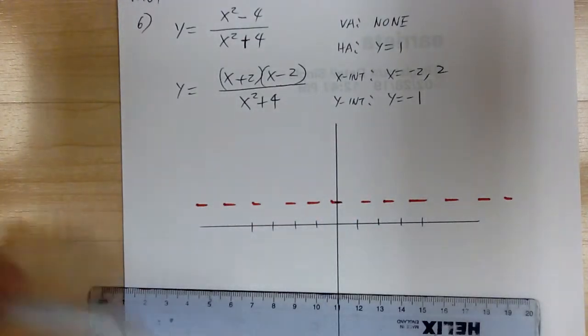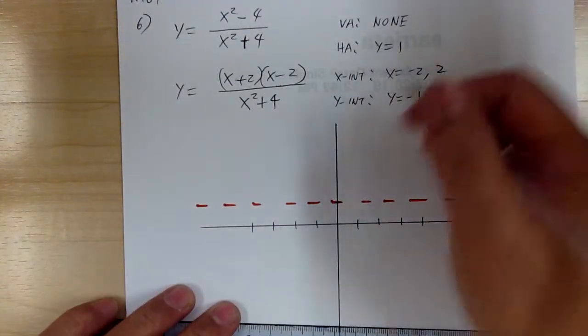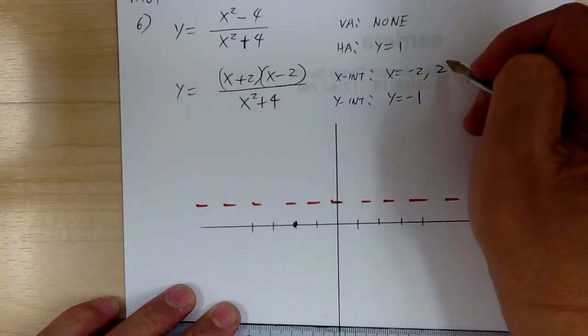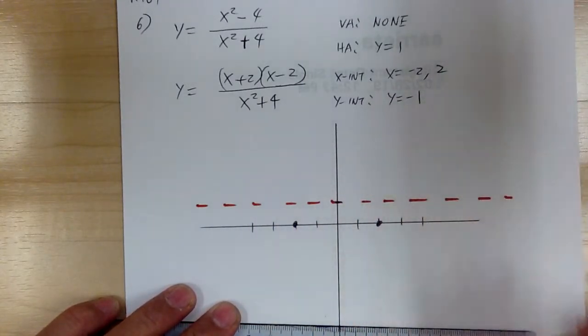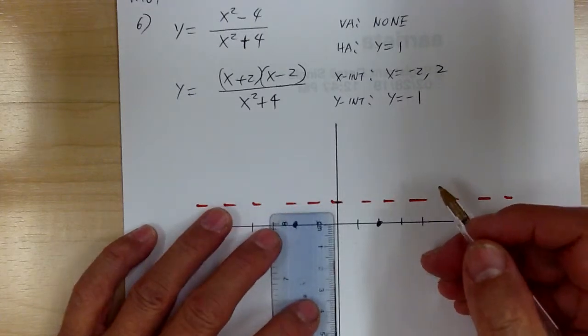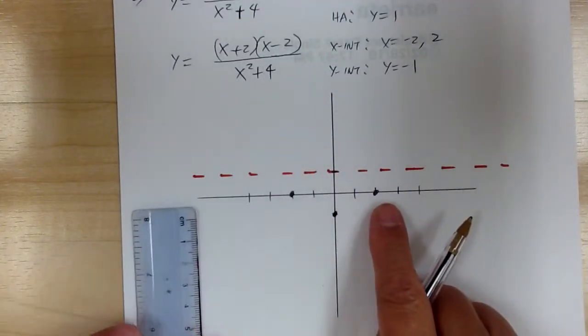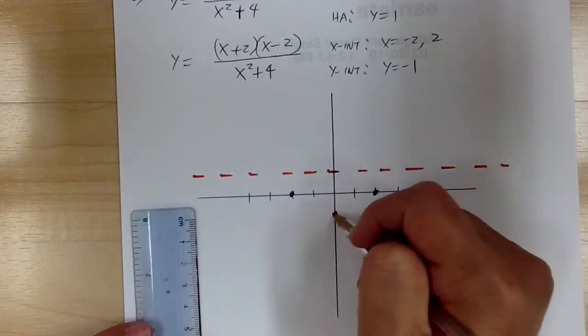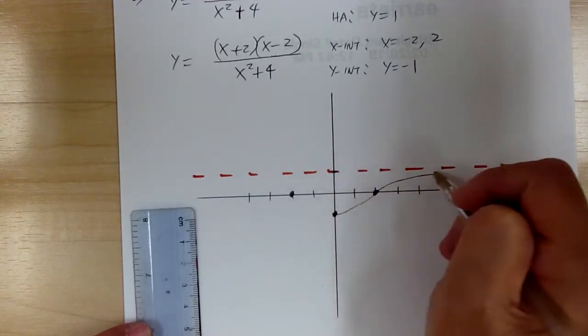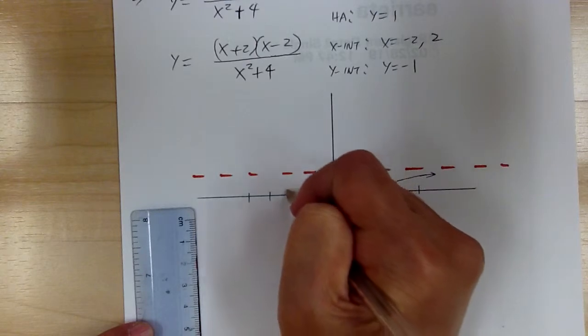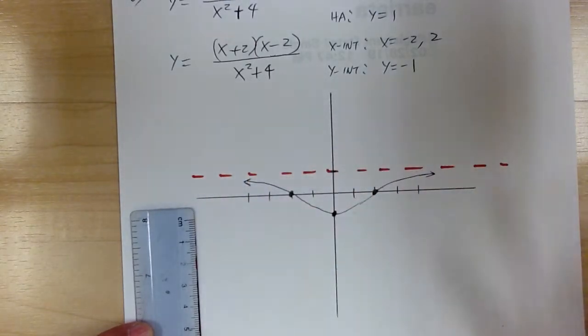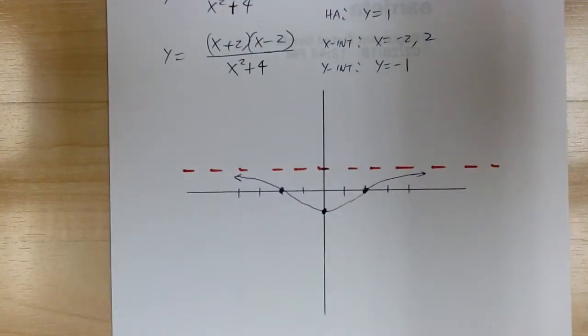And the x-intercept is when x equal to -2 and x equal to 2. And y-intercept is -1. Okay, so by looking at this graph, you got 3 dots, right? So you just connect the dots, and that's it. Okay, for number 6.